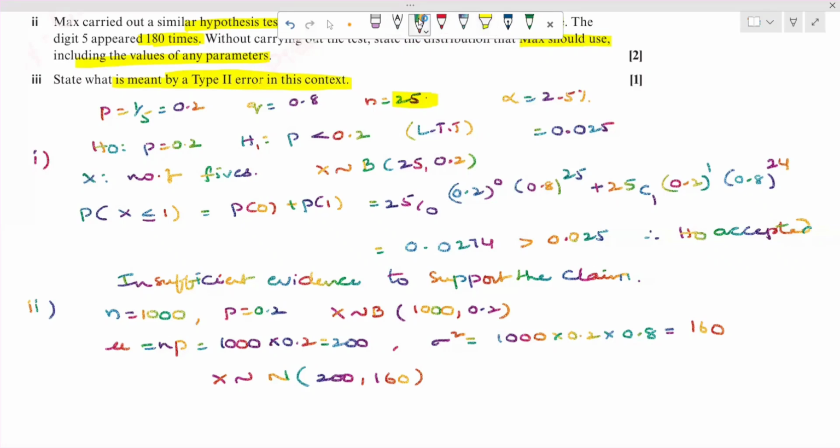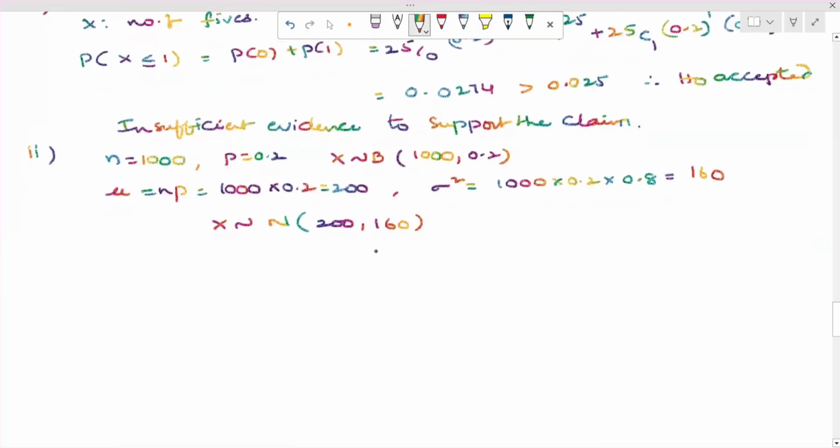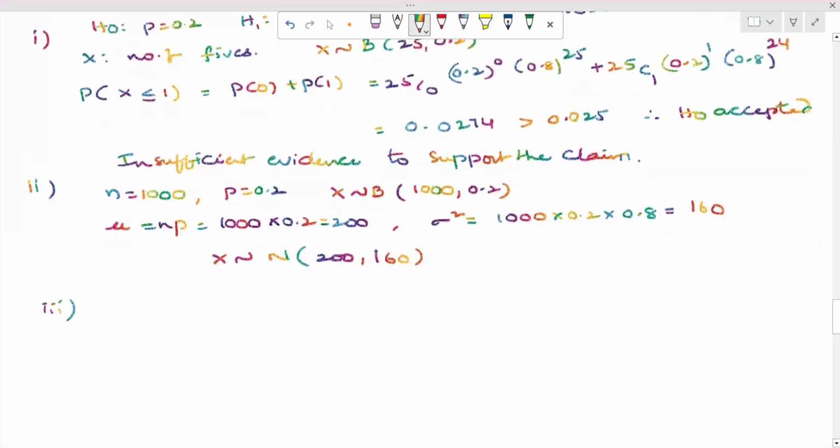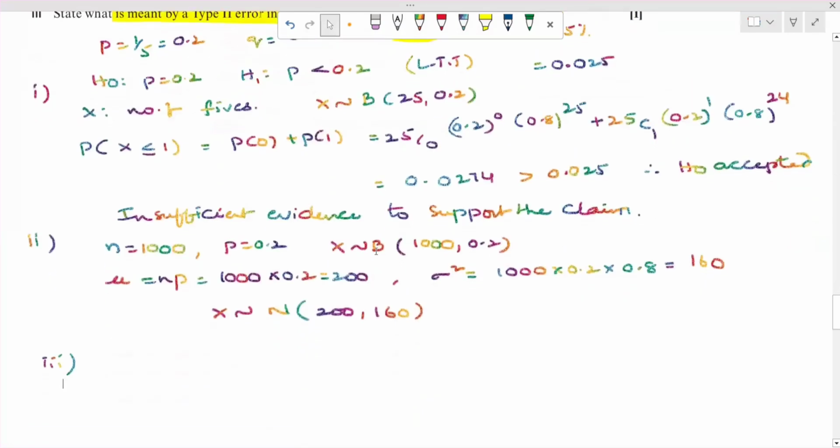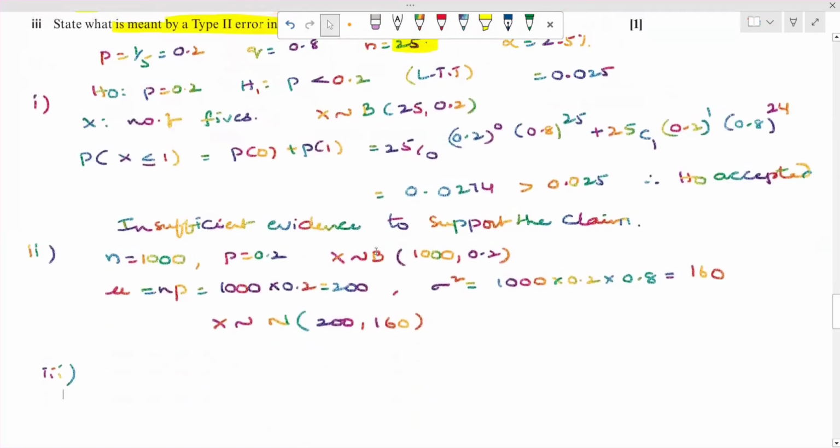So we have to state what is meant by that; just write that statement itself.